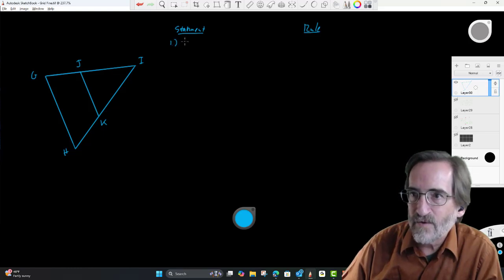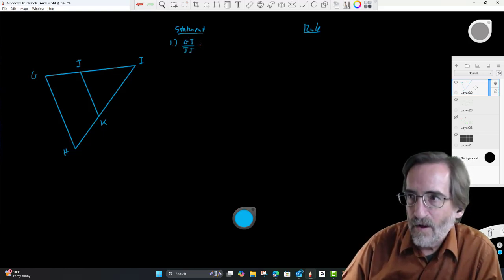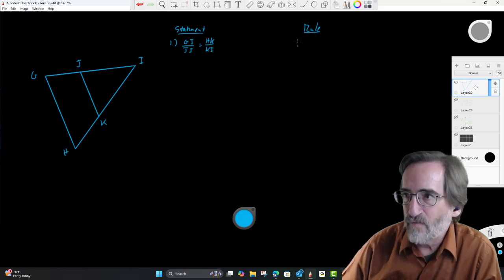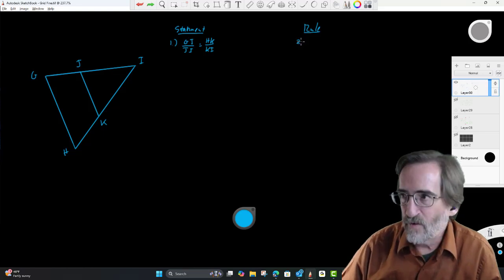We're going to be given that GJ is to JI as HK is to KI. And that's what we're given. We ended up with this on the other proof. We're proving the converse, basically. Statement 1, this is what we're given.